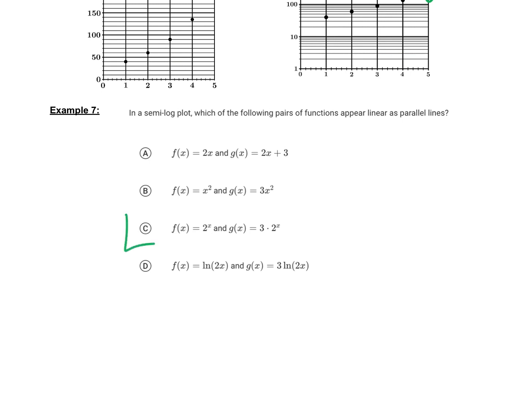C. Okay. And the reason why they would be parallel is because of that. If we wrote those in that linearization form, log 2 would be my slope. And that log 3 would be that vertical shift that would give me 2 parallel lines. Just a neat way to think about that. Okay. All right, last one.